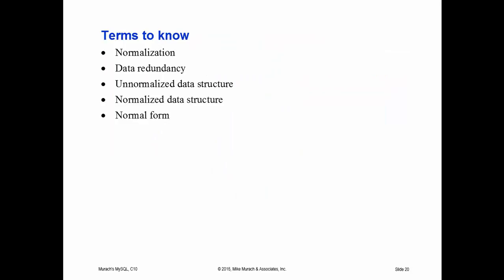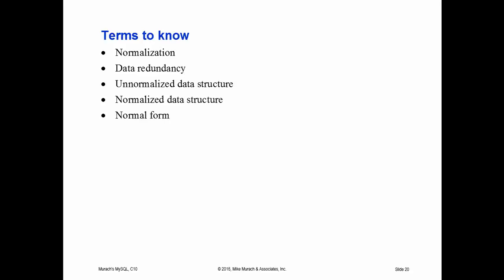So these are terms that you need to know. Again, normalization: when you're normalizing a database, you're trying to reduce dependencies and make your database work in as best a way as you possibly can.